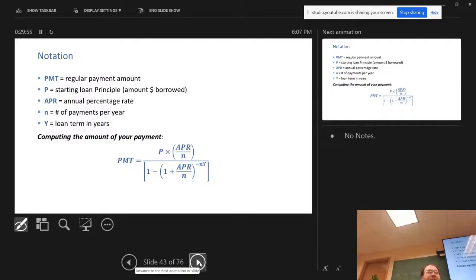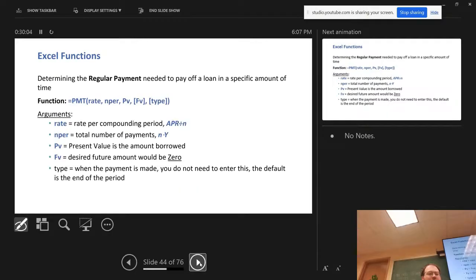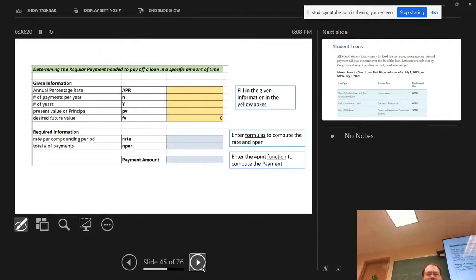I'm assuming that's how it's going to continue to be. But again, the payment function can be used to get you there with an Excel sheet of some kind.